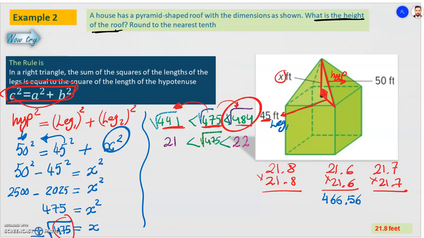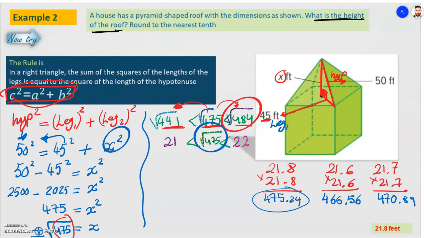If I multiply 21.7 times itself, you will get 470.89. And 21.8 times itself, you will get 475.24. Which number is close enough to 475? I think this number, correct.